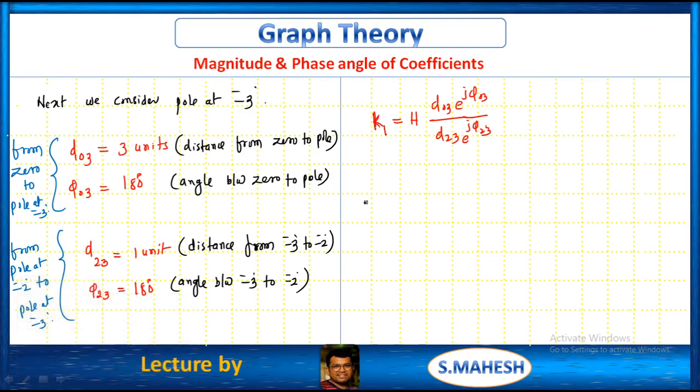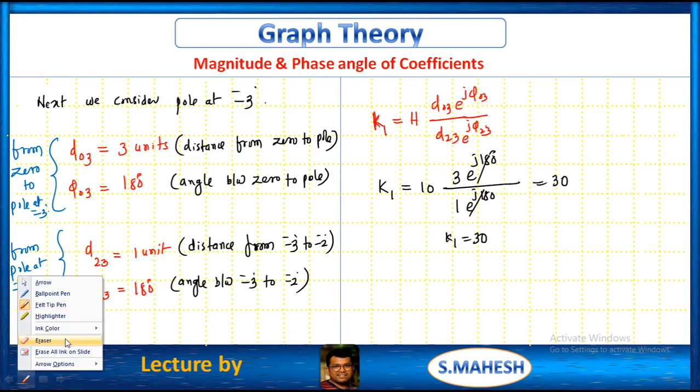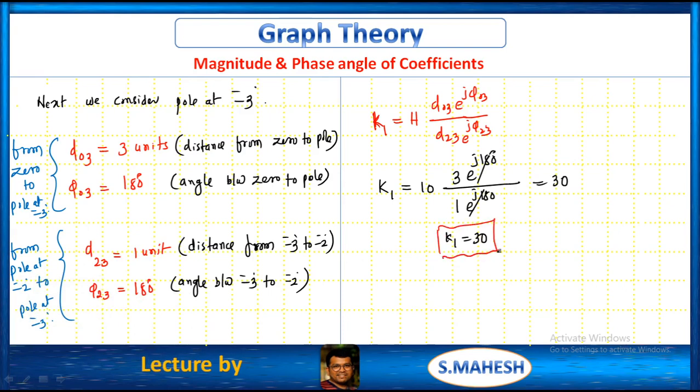From this, K1 equals 10 by 5, D03 is 3 into e power j, 503 is 180, by D23, which is 1 unit into e power j 180, right? This gets cancelled, therefore 30. So K1 is 30. So finally we got K1 is 30, K2 is minus 20.